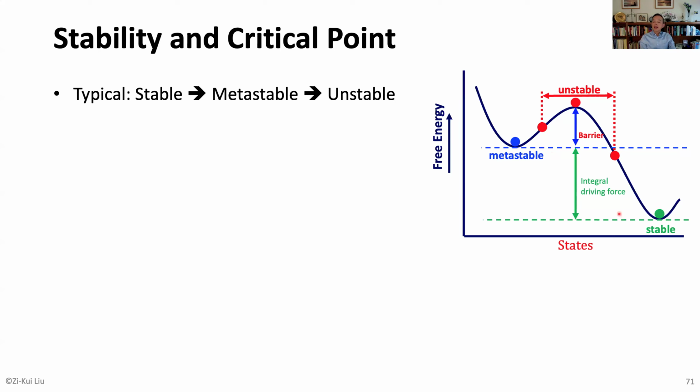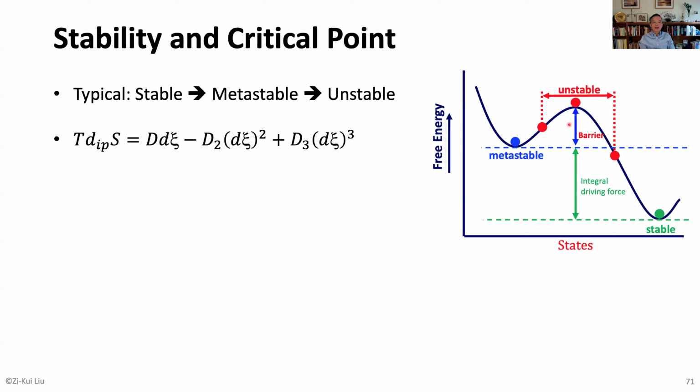Typically, however, when the system changes conditions, the system is stable, and if you change the temperature or pressure, this state may become less stable. Then it becomes an equilibrium because the states have the same energy, then metastable, and then unstable as the system changes from one state to another.